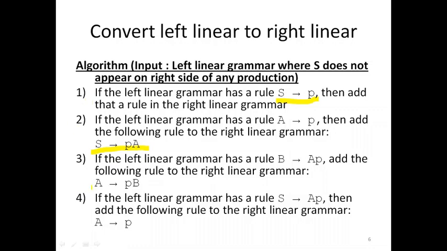So such productions are added to the grammar in right linear form. And again, if you have a production for the start symbol, that is capital S giving capital A P, where P is a string of terminals, then what you do is you add a production like capital A giving P to the grammar in right linear form. So this is what you do.